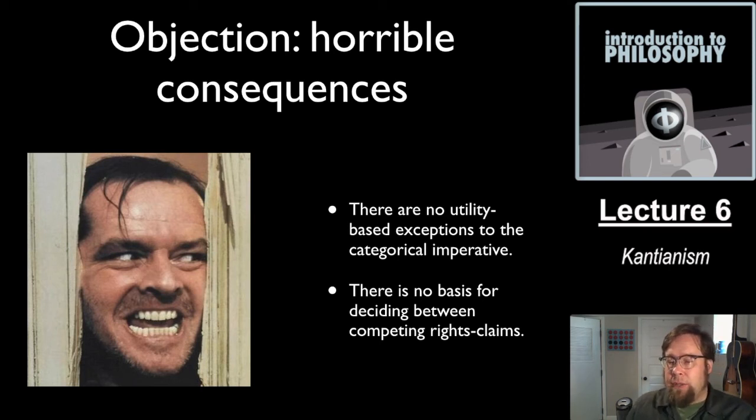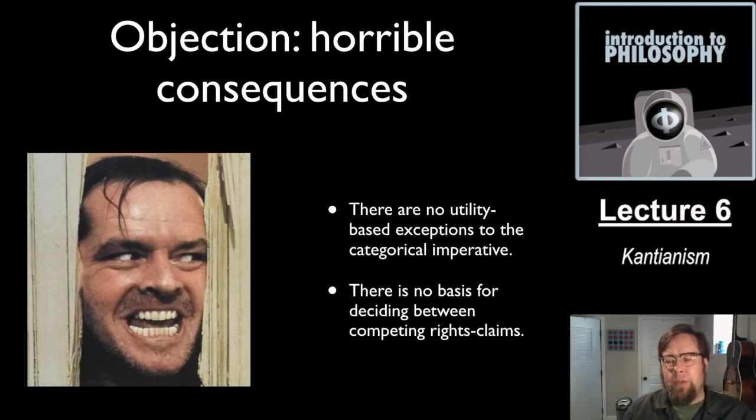So the utilitarian could say, all right, if you tell the cops a lie, that's going to make the cops sad. That's going to cause some unhappiness. But if you tell them the lie, it's going to cause your friend way more happiness. Your friend's going to get to stay alive, and that's really a big deal.